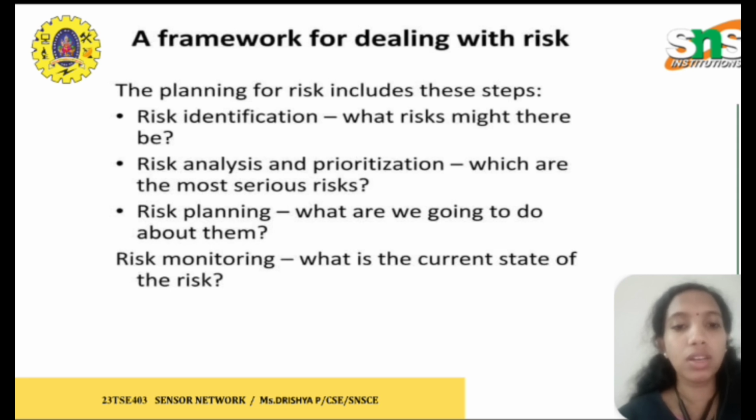Next is risk analysis and prioritization: we identify the risks, then analyze them and find out the priorities, which are the most serious risks. After prioritization, the next step is risk planning: what we are going to do about them and how to overcome the risk. Then risk monitoring: after planning, we check the current state of the risk and monitor it.